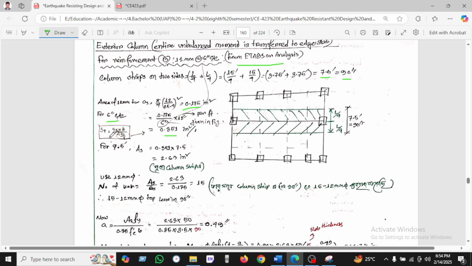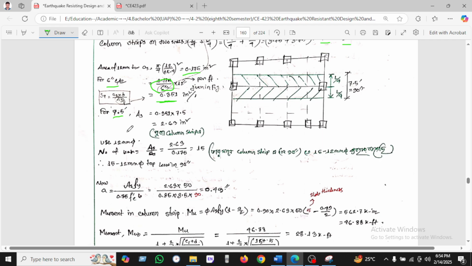As we know, we have used the spacing as A into P divided by S, and putting this formula we found 0.315. For 7.5 feet, just multiplying by 7.5 feet, we found 2.63 for the full column strip.